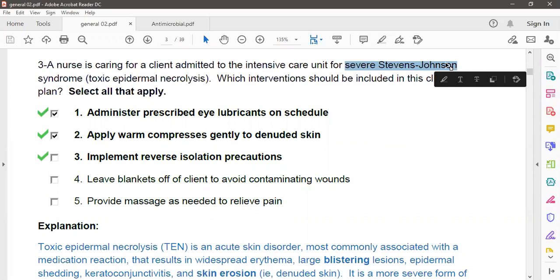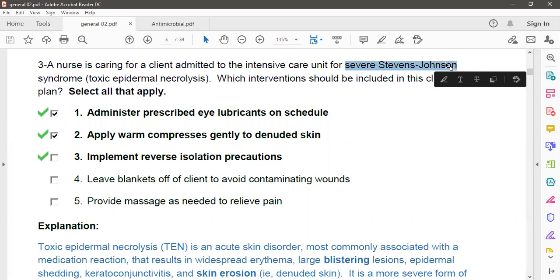Also, sometimes when patients undergo radiation therapy, there is a chance to develop Stevens-Johnson syndrome. So I'm saying Stevens-Johnson is a life-threatening condition.